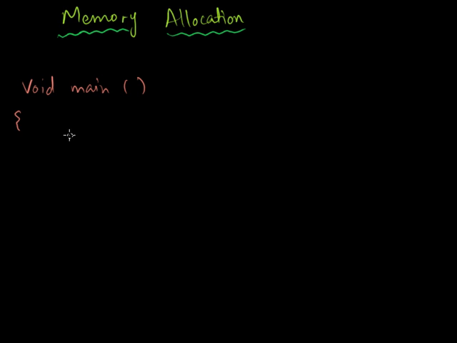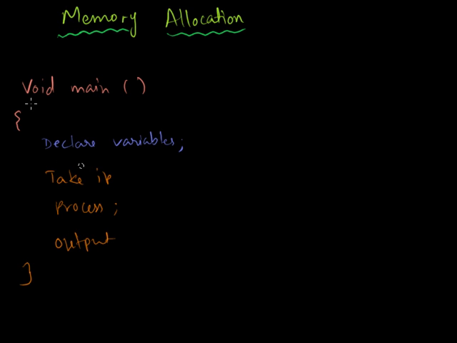That means you declare your variables before using them. So here you declare variables, then you take input, then you process values and produce output. So this is the general structure of your program, right?